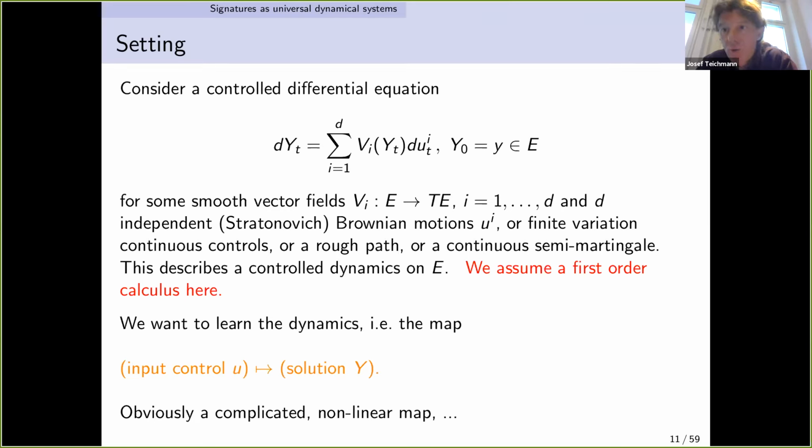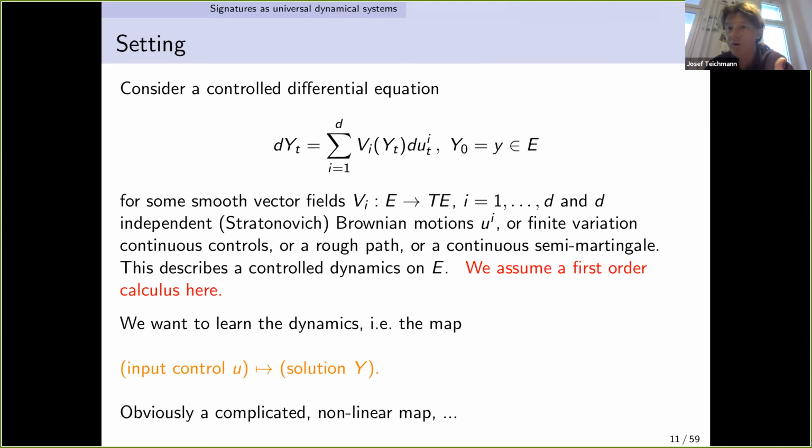This is the well-known no-go theorem on continuity properties with respect to the uniform topology of the Ito map, the Ito solution map from the Brownian motion to the solution of a stochastic differential equation.